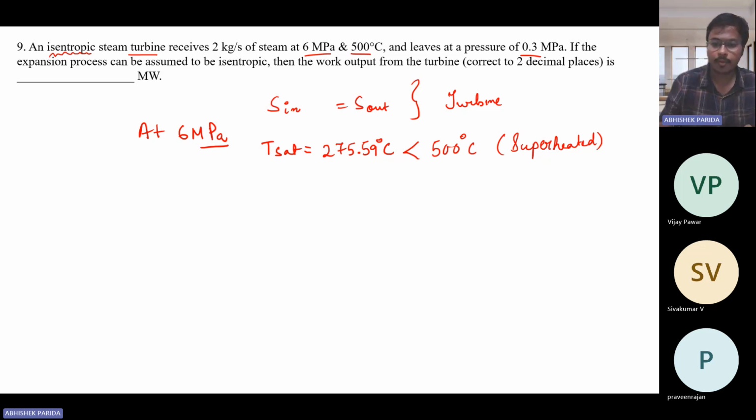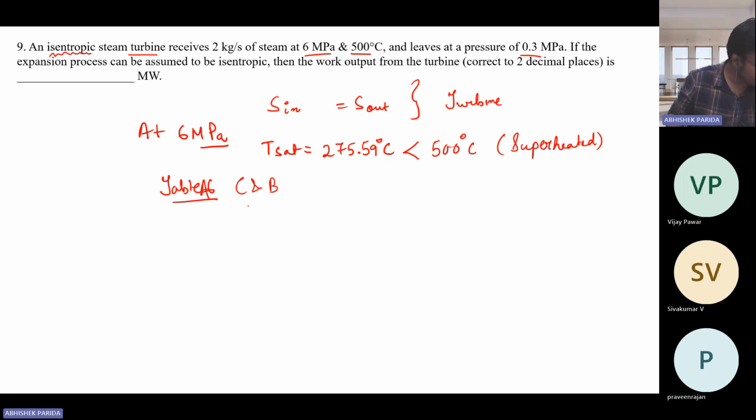So for now, we have a superheated state at 500 degrees Celsius and 6 megapascal. So let's refer to the superheated table. I'm going for Table A6 of Cengel and Boles, at 6 megapascal and 500 degrees Celsius.